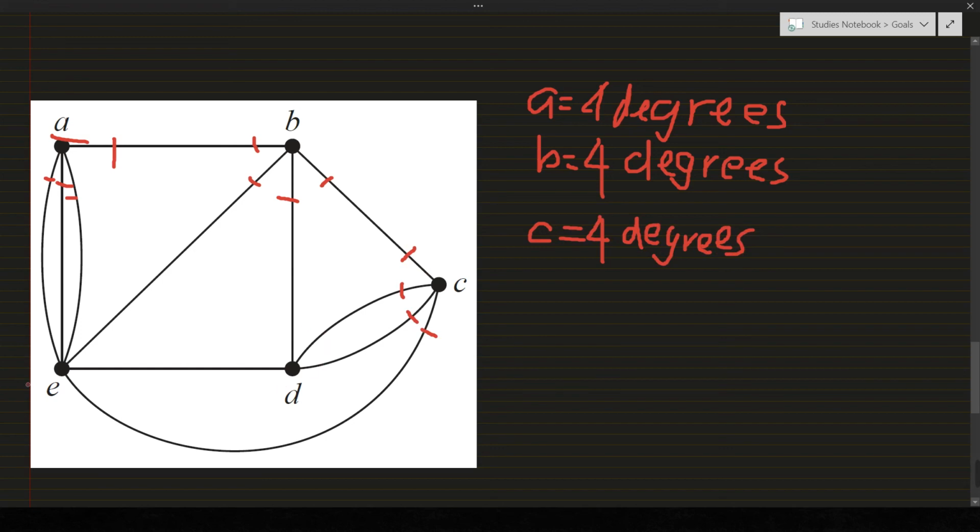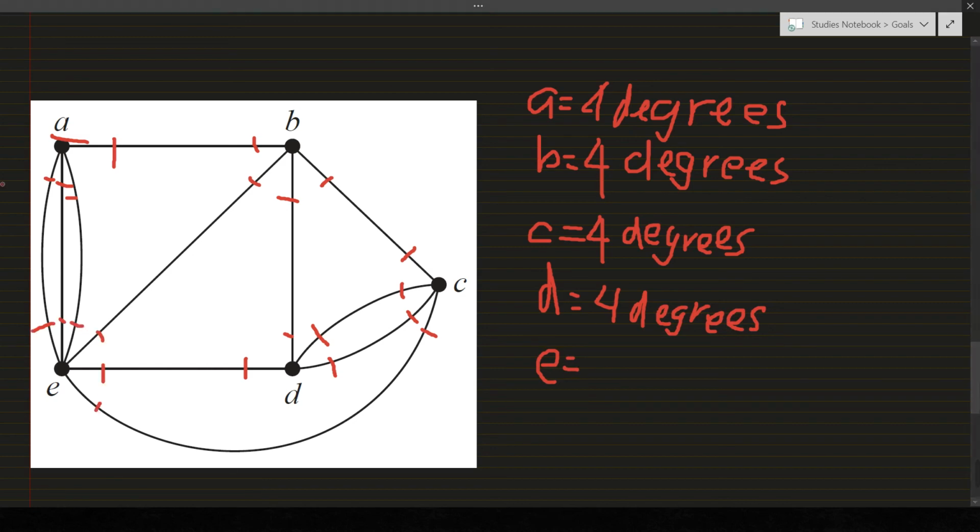Next, letter D. How many? 1, 2, 3, 4. D has 4 degrees. Lastly, letter E. 1, 2, 3, 4, 5, and 6. So 6 degrees.